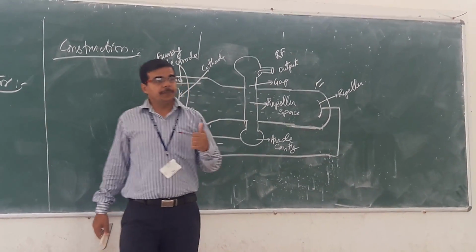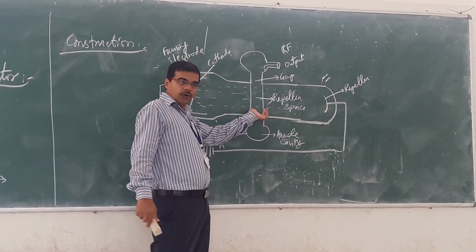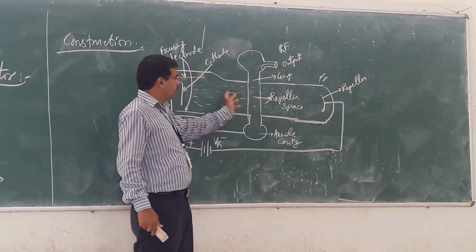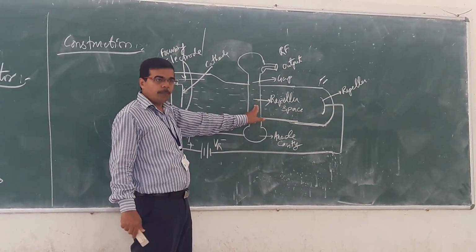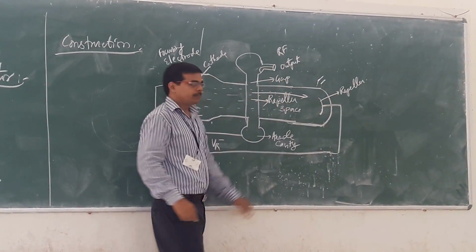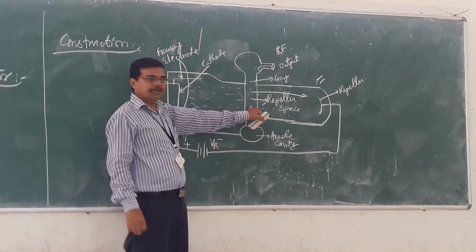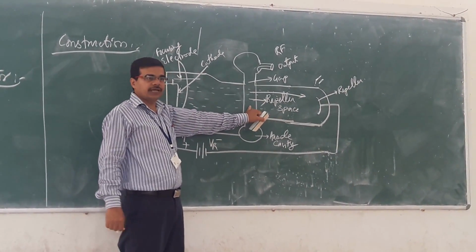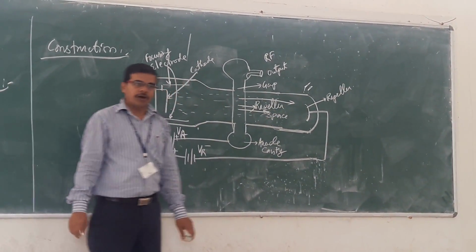Okay. So it depends upon the electron, what voltage you are having here. If the electron reaches here, and during that time you are having the more positive voltage, the electron will penetrate more in the repeller space. On the other hand, when the electron reaches here, and at that time the gap voltage is 0, it will penetrate moderately.